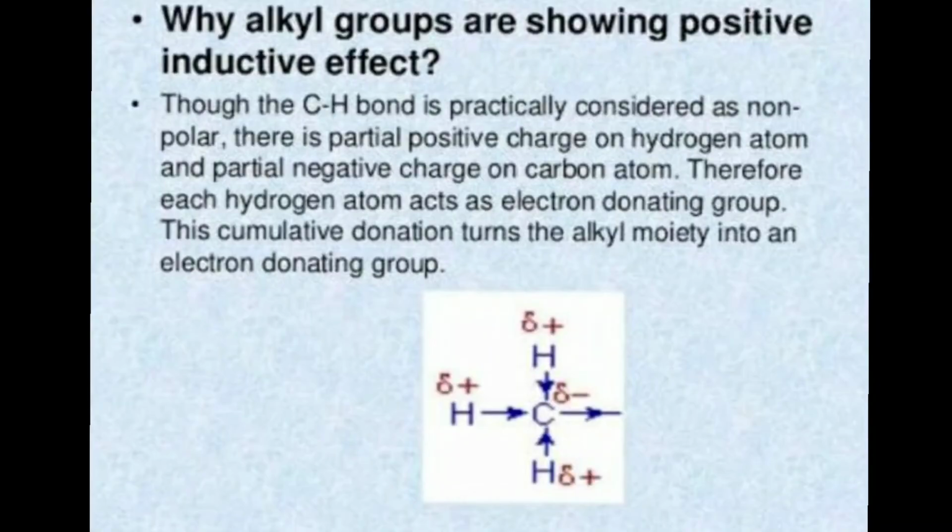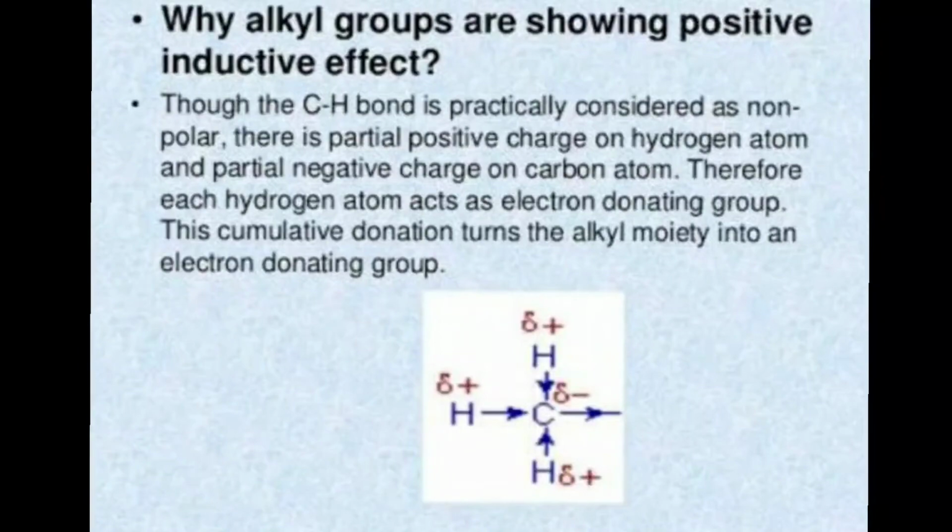That is why alkyl groups show positive inductive effect. Though the CH bond is practically considered non-polar, there is a somewhat partial positive charge on the hydrogen atom and a partial negative charge on the carbon atom. Therefore, each hydrogen atom acts as an electron donating group.